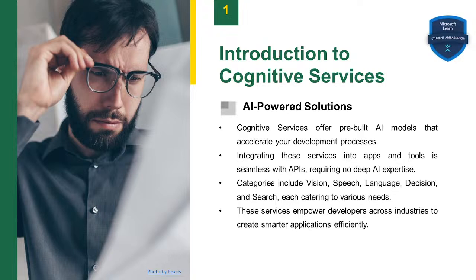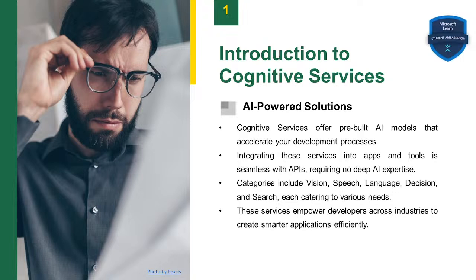For example, the vision services allow applications to see by analyzing images and videos, while speech services enable voice recognition and interaction. Language services help with understanding and generating human language, and decision services offer advanced tools for making informed choices.